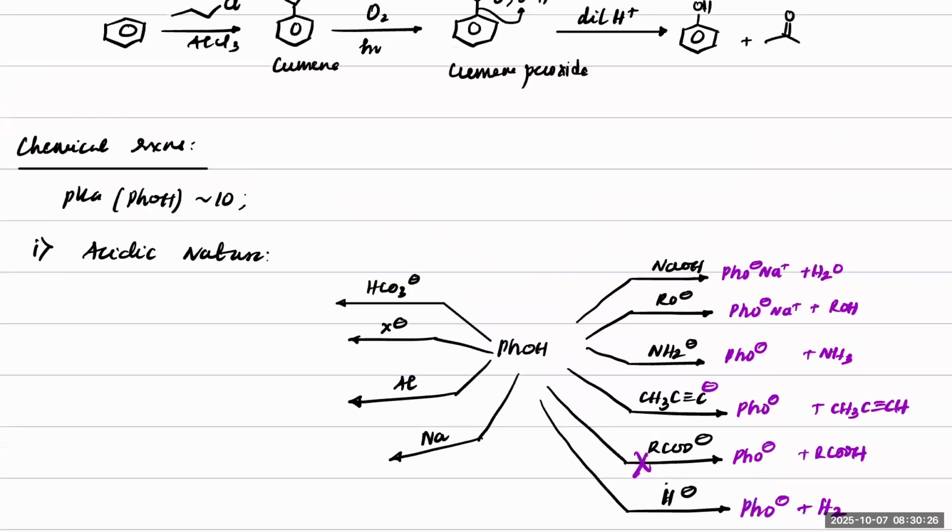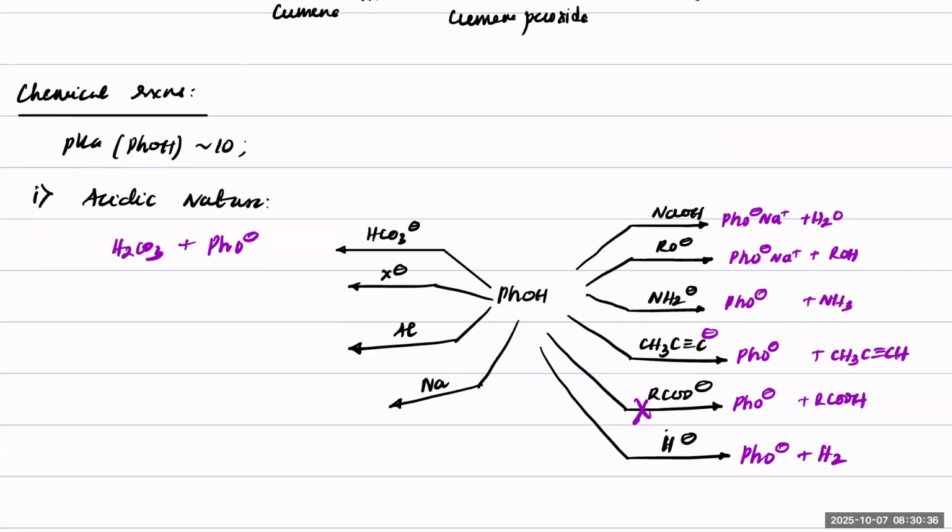Next, PhO minus. We are expecting this reaction to happen, but H2CO3 is a stronger acid than phenol, so this reaction does not take place. So phenol does not give a positive bicarbonate test. This we have discussed before also, so try to recall that.